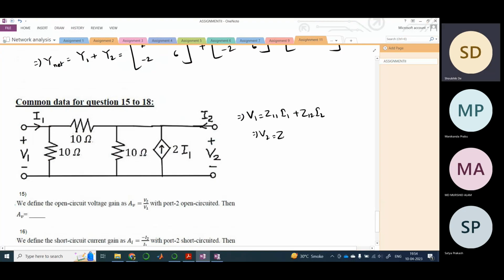Then V2 is Z21 I1 plus Z22 I2. Right. So you need to solve this and get V1 and I1. You can do like that, but I won't do like this. We will do it conventionally.